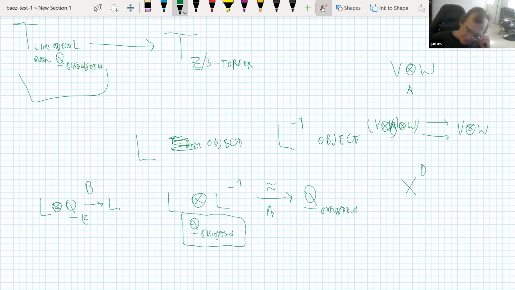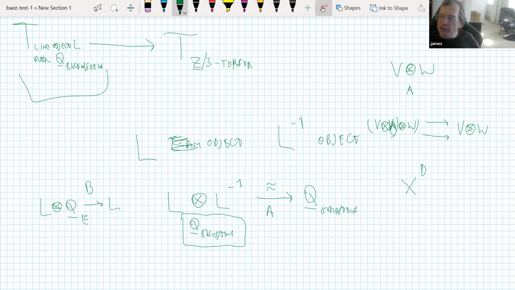Supposing you have, let's say, a commutative Hopf algebra over an extension field of some kind, over a field that's an extension of one that you started out with. So a simple example is you could have a commutative Hopf algebra over the complex numbers, which is an extension of the real numbers or something like that.